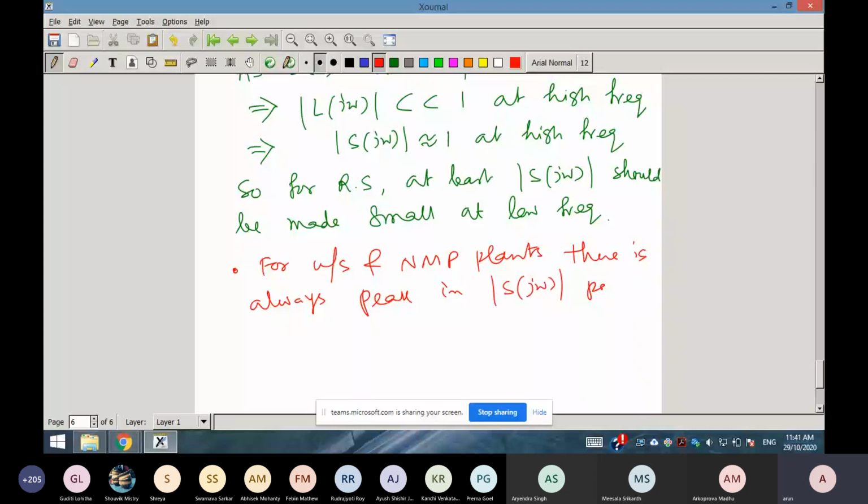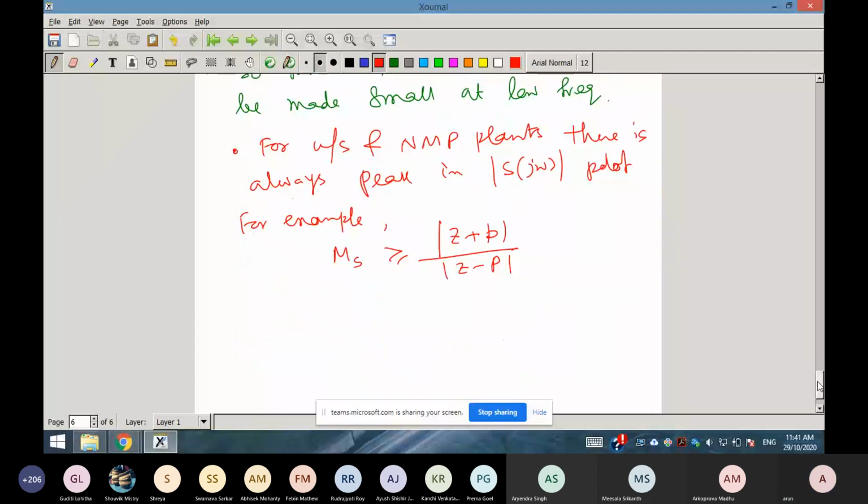So for example, Ms will be greater than or equal to the modulus of (z plus p) divided by (z minus p), where z and p are the unstable zero and pole locations of a plant, a non-minimum phase unstable plant. That is of course greater than or equal to 1.